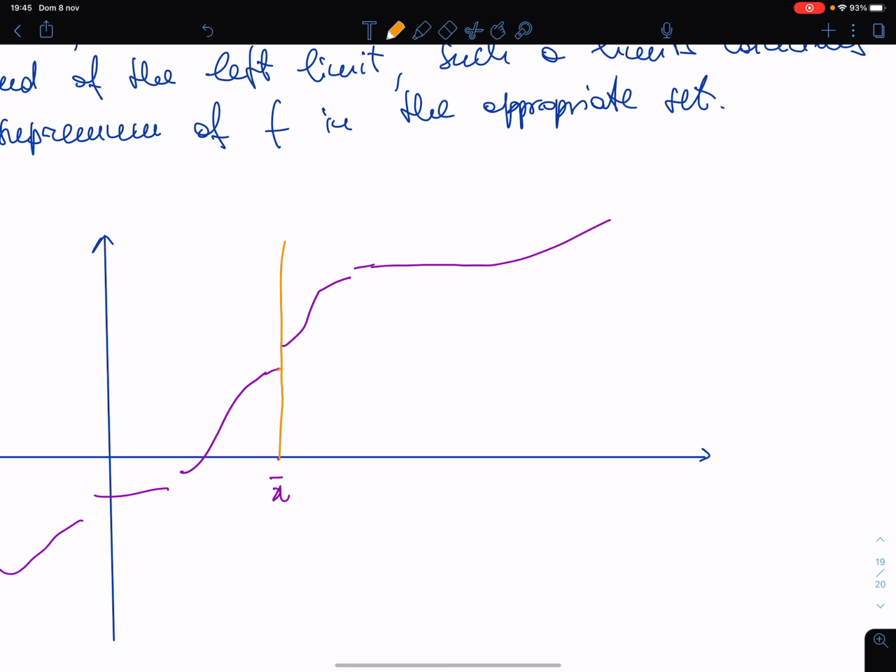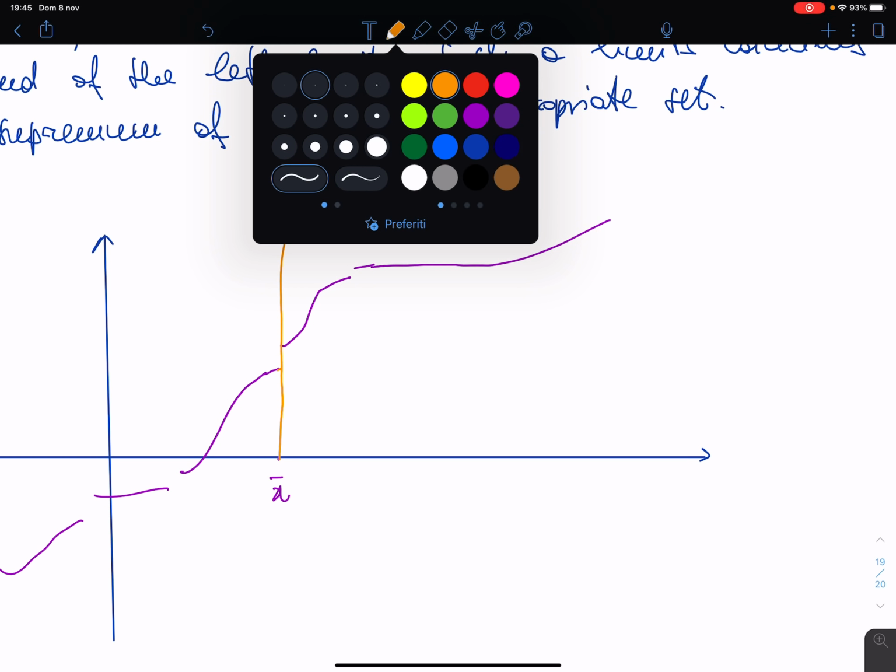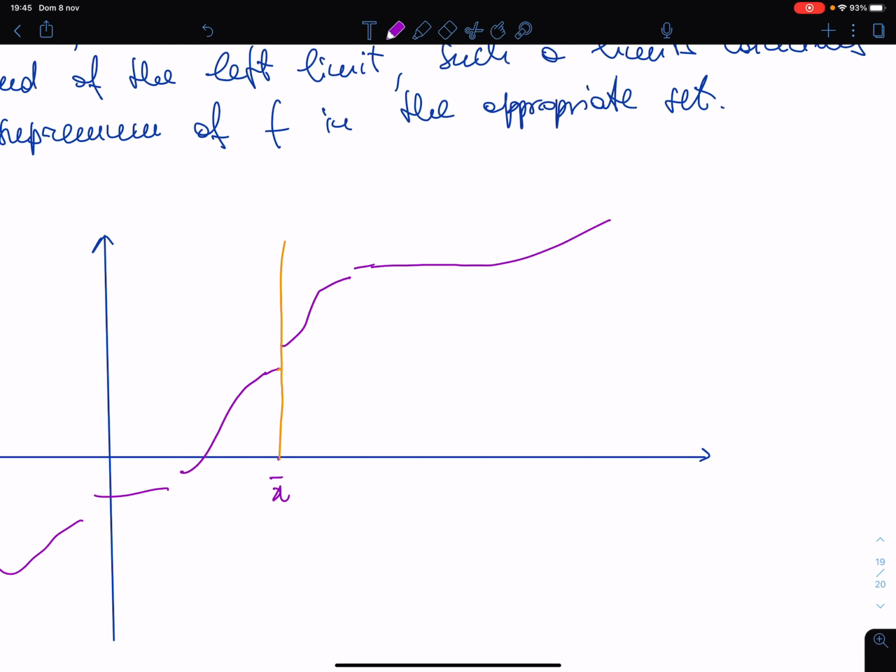Here in x bar there is a jump, but this is not very important because I'm taking the limit from the left. So I'm following the function here, and I say that here the limit is this point here. This is the limit for x going to x bar from the left of f of x.